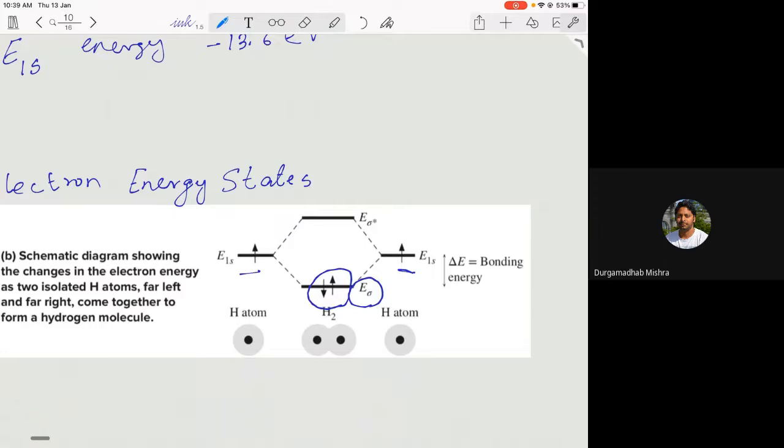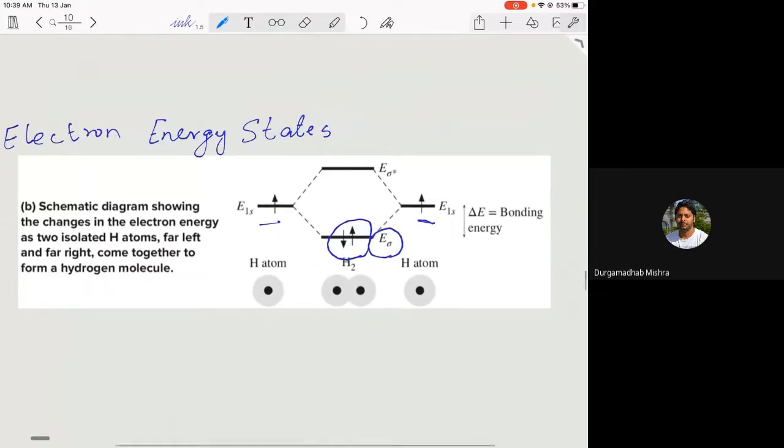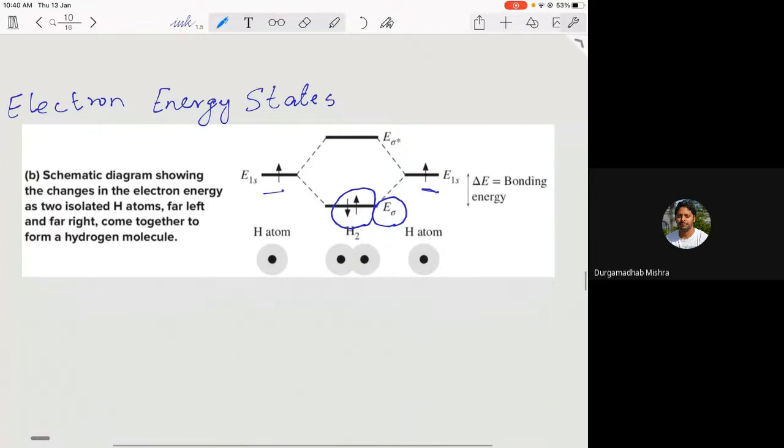So if you take helium, for example, let's see the same case for helium. Let's say you have a helium atom, so again you have both up and down, and then you bring them together and you have two molecular orbitals. Now when you fill it up with electrons, your antibonding orbital will also be occupied.